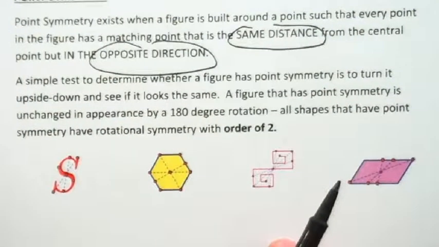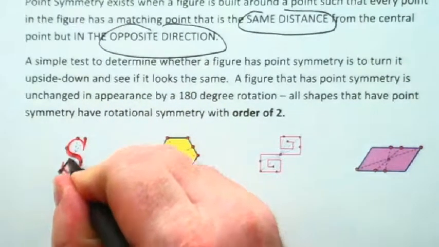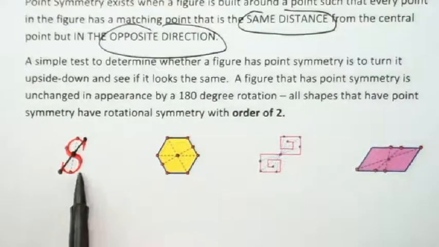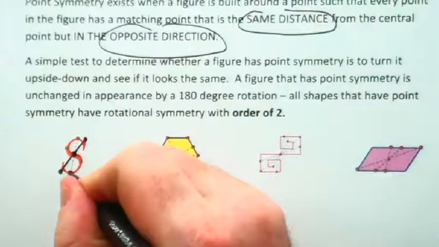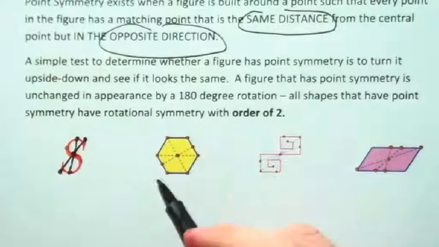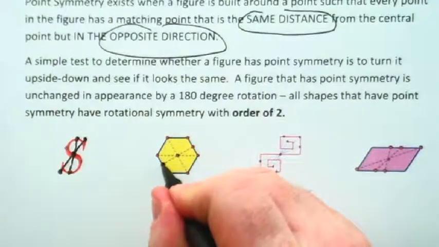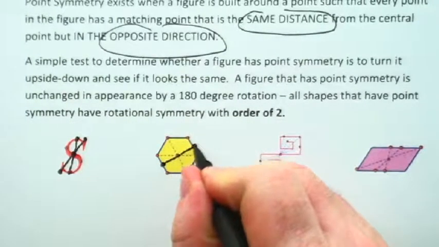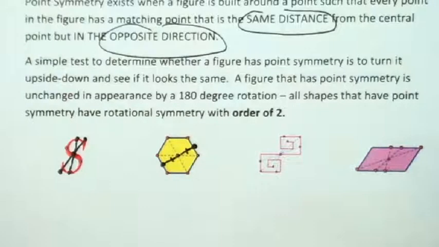And so because of that, it'll always have an order of at least 2, or a multiple of 2, because that 180 will always be a part of the point symmetry because of that opposite side and opposite direction. So again, what it means is that if I can pick a point and go through a center point to its opposite distance, opposite side, and it lands on the shape every time, it has point symmetry.